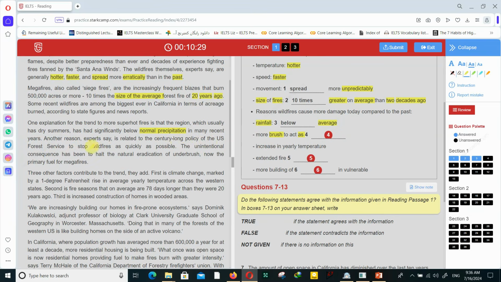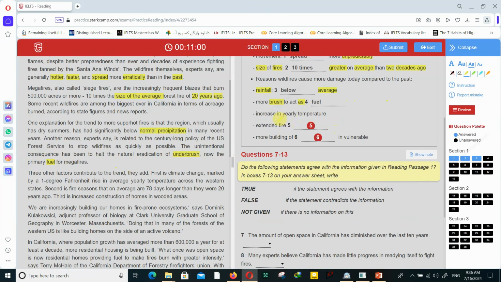The unintentional consequence has been to halt, which means stop, the natural eradication of underbrush, now the primary fuel for megafires. So now, more brush to act as what? Act as, we need a noun here. Act as fuel, primary fuel for megafires. So here you write fuel.